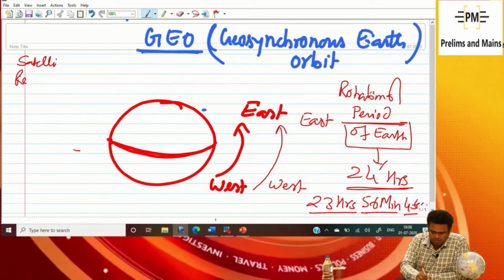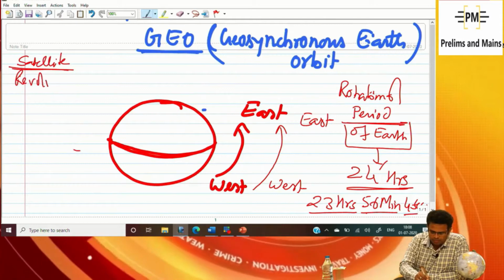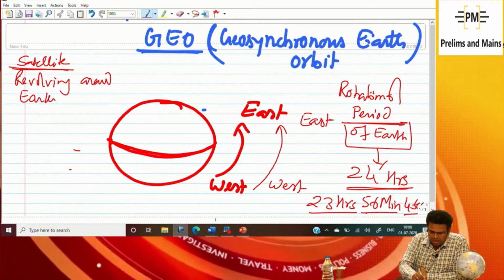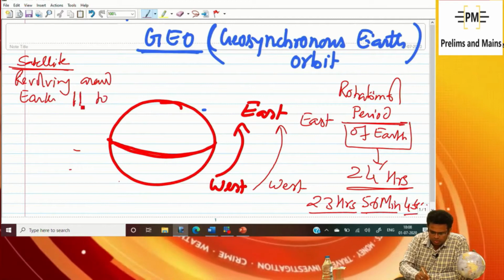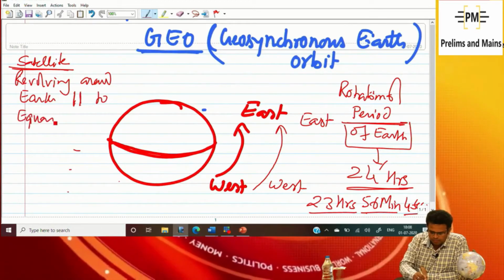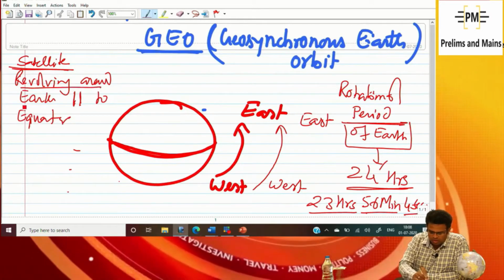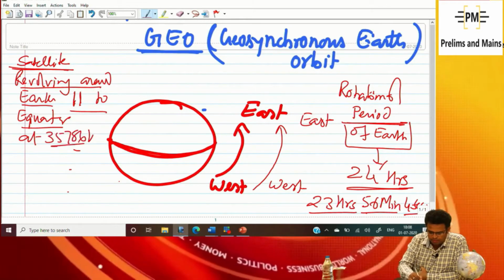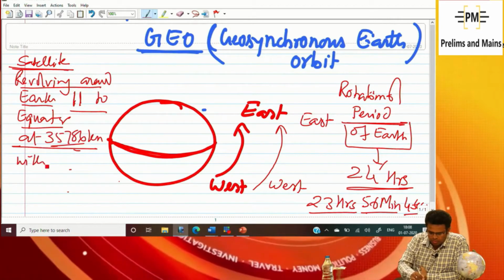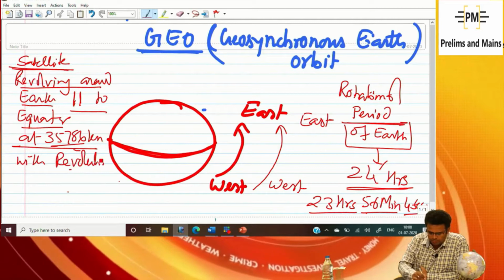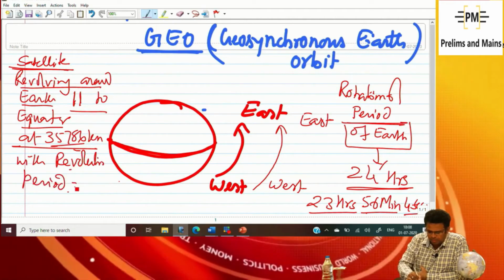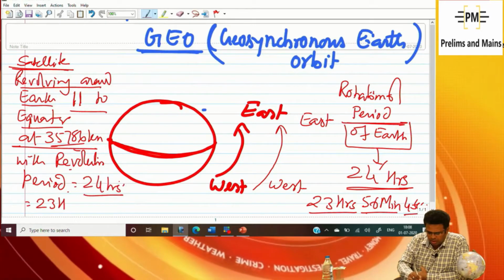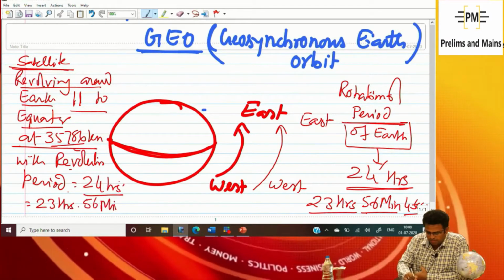Now I am talking about the satellite: satellite revolving around Earth parallel to the equator at 35,786 kilometer with a revolution period of 24 hours, or better to say 23 hours 56 minutes 4 seconds.